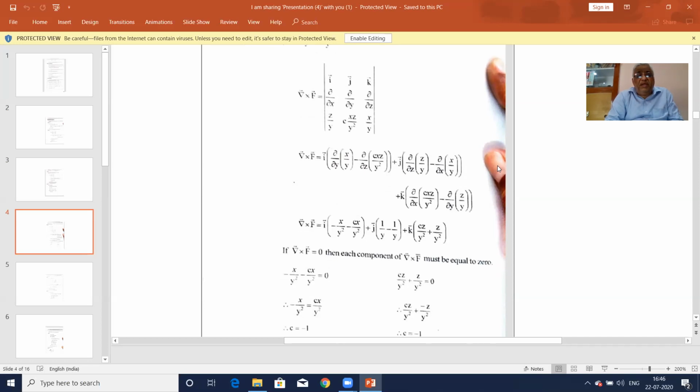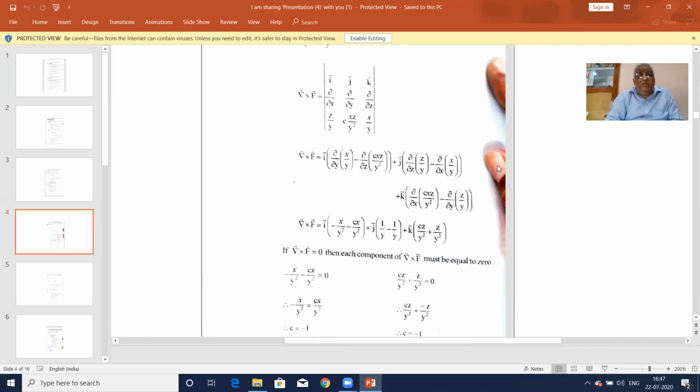Curl of F is equal to 0, so each component of the curl of F is equal to 0. Equate each component of i, j, k. The j component is already 0. For the k component, minus x by y² minus cx by y² is equal to 0.